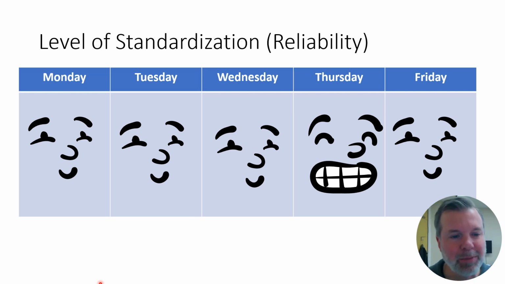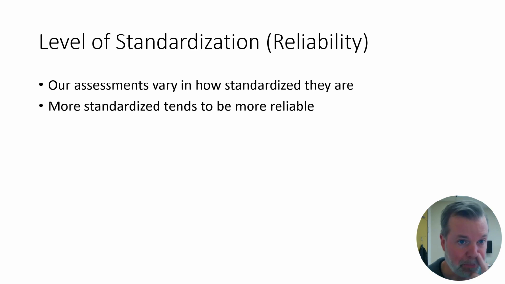I don't want to oversell any of these concepts, right? We are working with human performance, with language and speech and communication. So it's not like it's going to be perfectly reliable, but we can see how this generally is more reliable than that first example I provided. We're getting mostly consistent data throughout time.